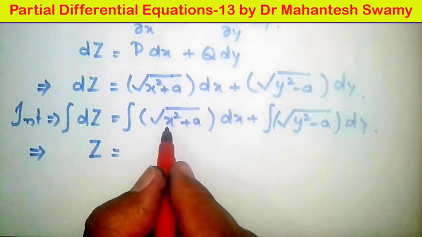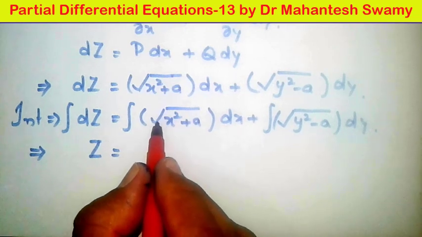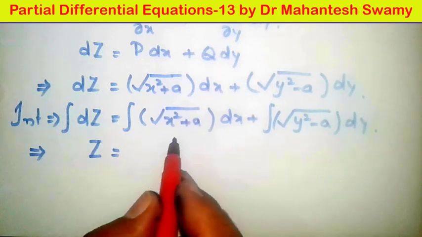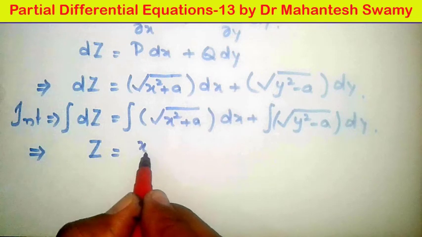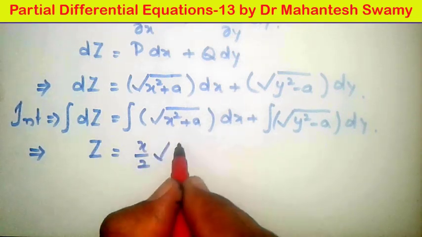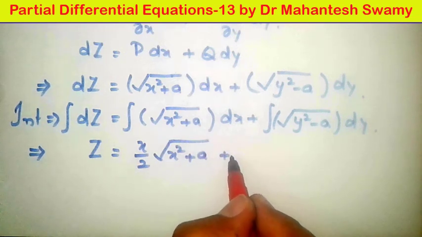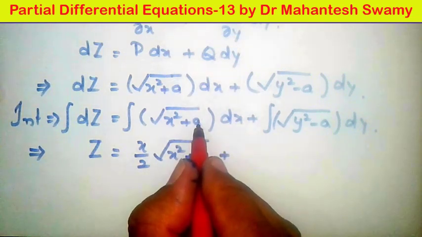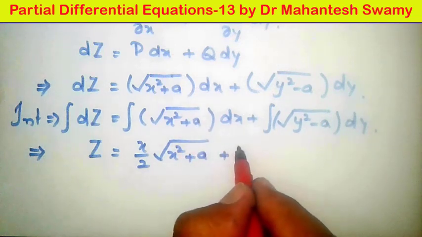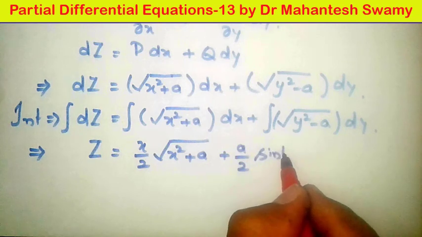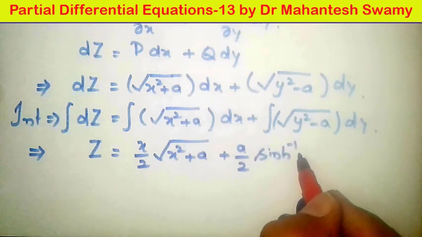This is from one of the standard formulae of integral calculus. The value of the integration of square root of x square plus a square, we can write as x by 2 into the same root, x square plus a square, plus a square by 2 into sine hyperbolic inverse of x by a.